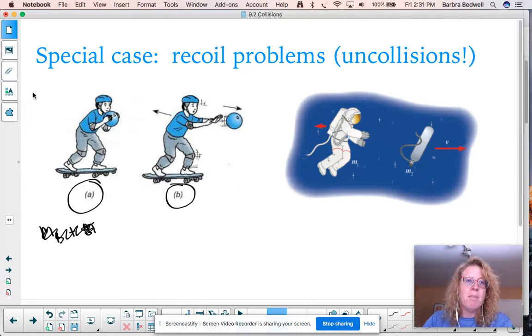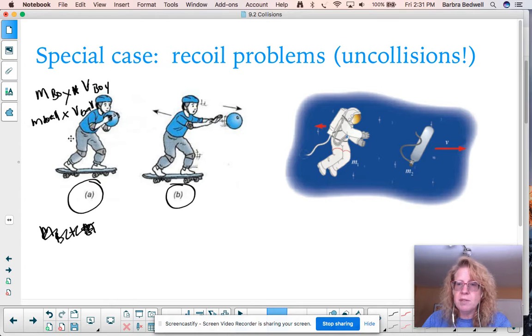Sorry, I have to erase this. Okay, so mass of the boy times the velocity of the boy. It should be times. Sorry, guys. Times velocity of the boy, and this is going to be the mass of the ball, times the velocity of the ball.